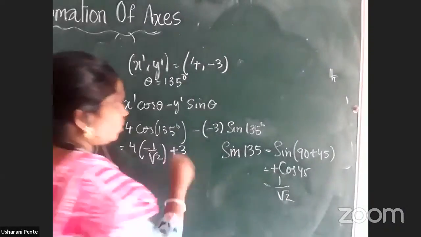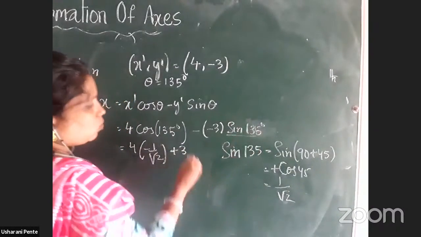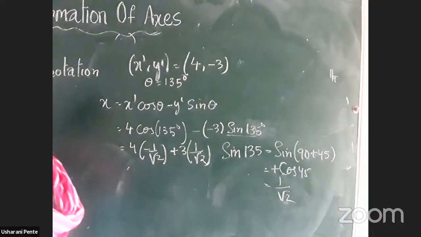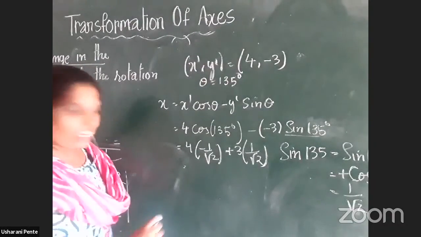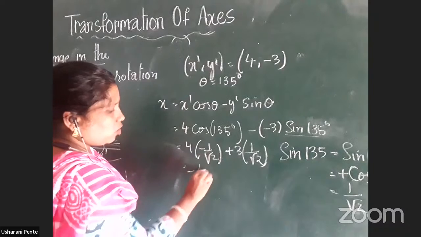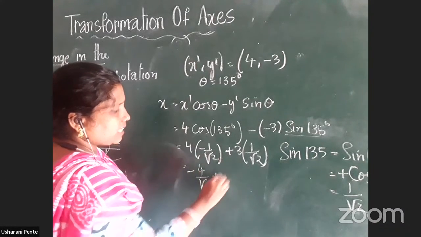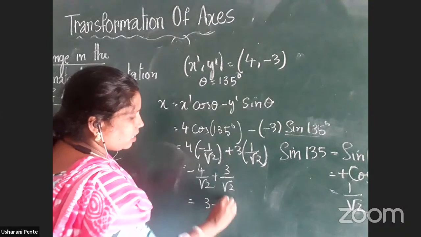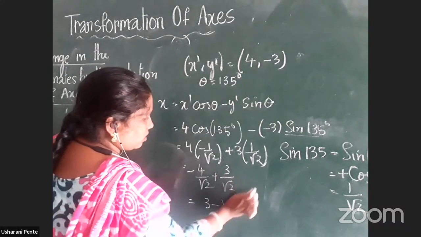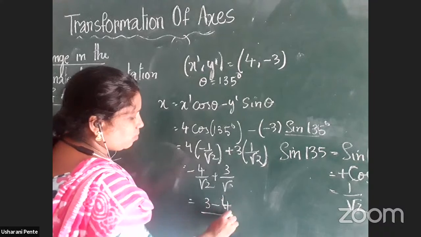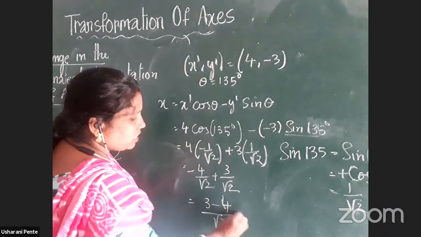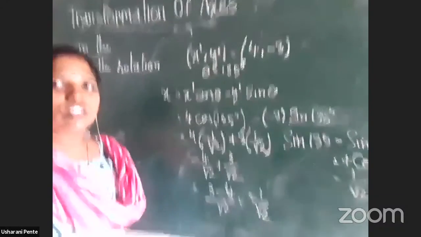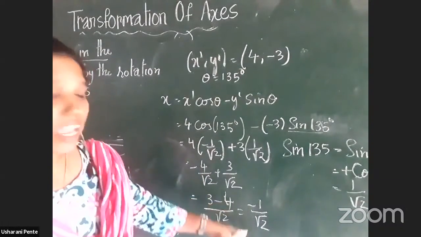So in place of this, I substitute 1 by root 2. Therefore, minus 4 times 1 by root 2 plus 3 times 1 by root 2, so I can write this as 3 minus 4 by root 2, which is equal to minus 1 by root 2.